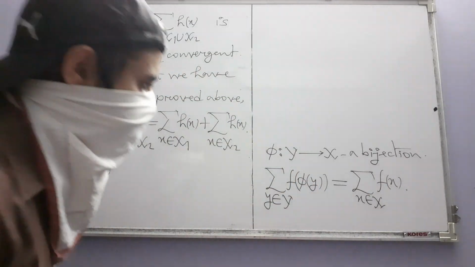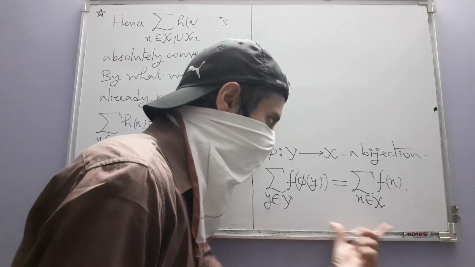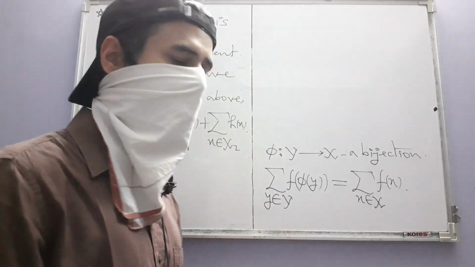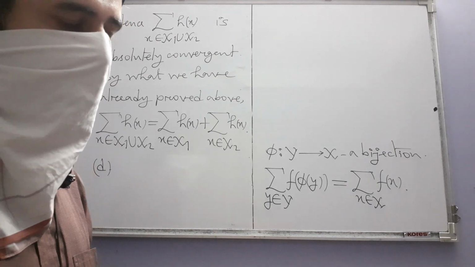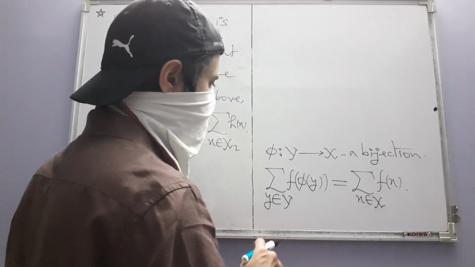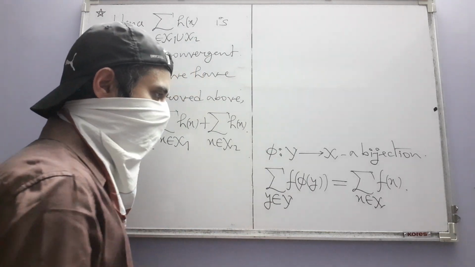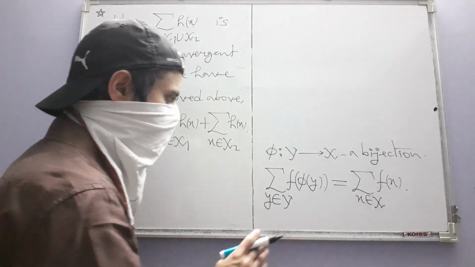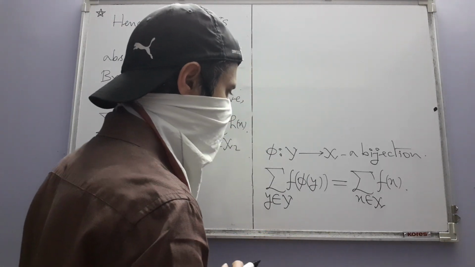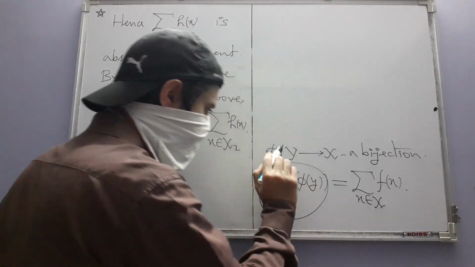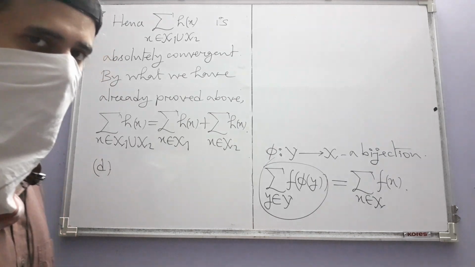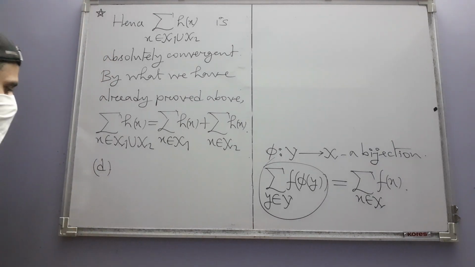That is part D. I will not prove this identity. This identity will be left to you to prove. See, you try and see if you can get it. If you do not get it, or you have some kind of confusion about how to proceed, then please let me know. What I will do though is that I will prove that this is absolutely convergent. So let's go for that.